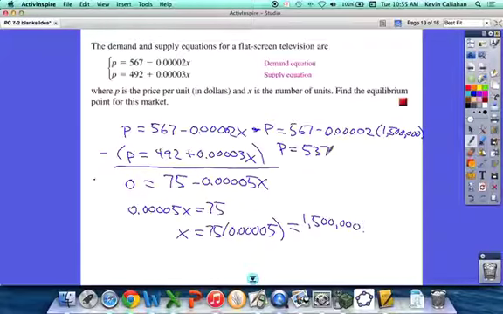So that is the price in dollars that if they set these flat screens equal to that price, then their supply should about balance their demand.